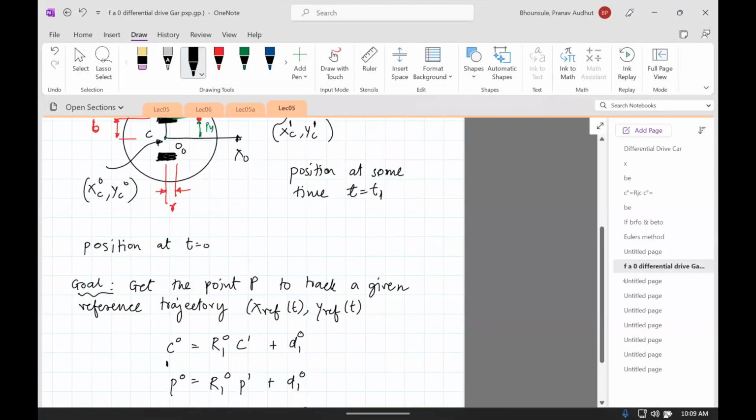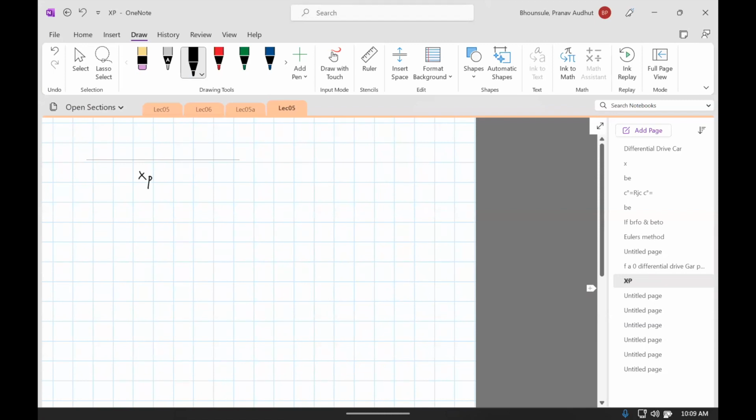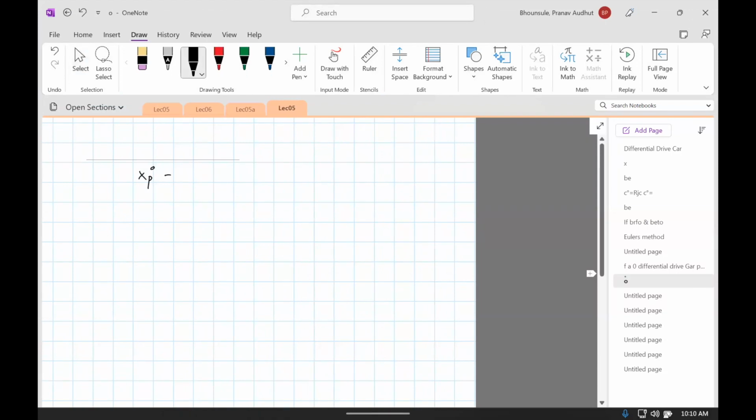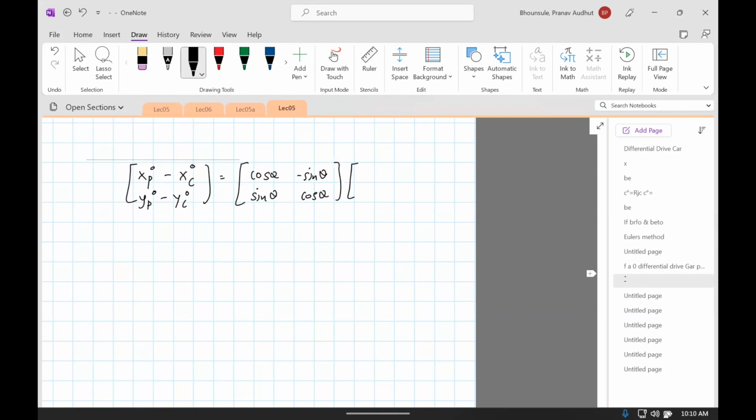So let me write it down that way. xp0 minus xc0, yp0 minus yc0 equals, this is the expansion for R10, cosine theta minus sine theta, sine theta cosine theta, and then there's going to be xp1 minus xc1, yp1 minus yc1.